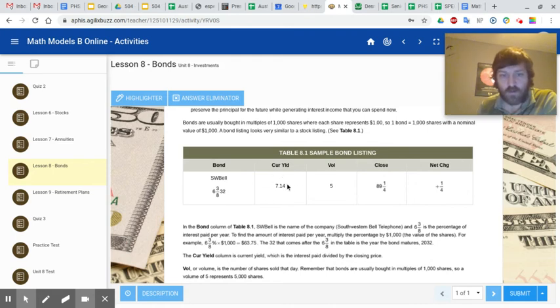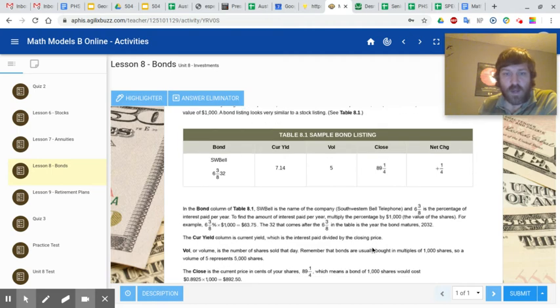Back to the yield. The yield is this number, 6 3/8, divided by the closing price. So it's like 6 3/8 divided by 89 1/4. So you just divide those two numbers to get the current yield.